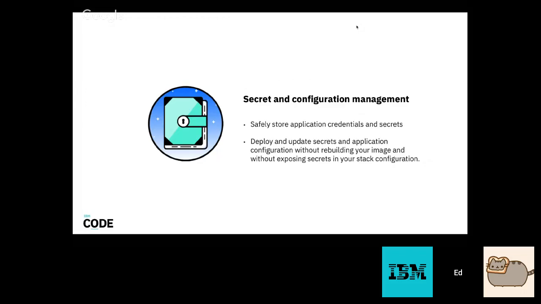Another thing Kube does is handle secret and configuration management. Let's say there's an external API I want to connect to, and obviously I should know better than to write the API key in my code. We shouldn't be storing it there. But maybe I think, well, I'll put it in environment variables and so on.